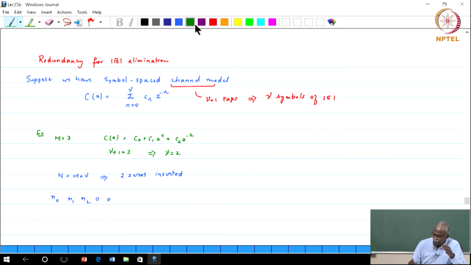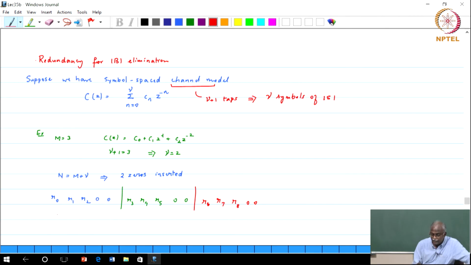Then after that will come R3, R4, R5 followed by 2 zeros, then R6, R7, R8 followed by 2 zeros. Basically, zero insertion is the key here. What this says is that there is no interblock interference, and I have a channel. Now, pass this data through the channel, what will you get?